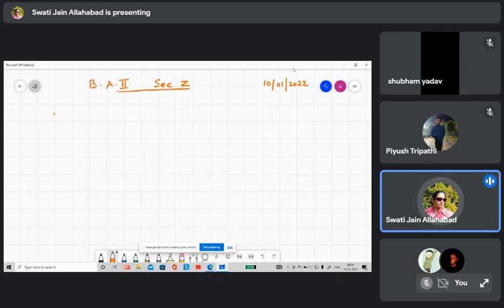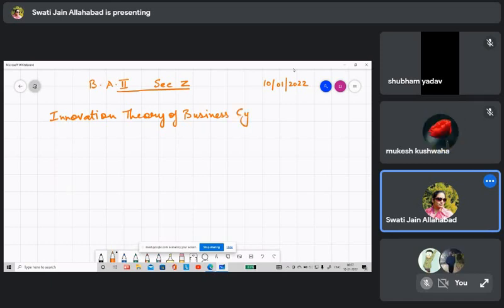Today we will be talking about the innovation theory of business cycle. These two words are synonyms, business cycle or trade cycle.